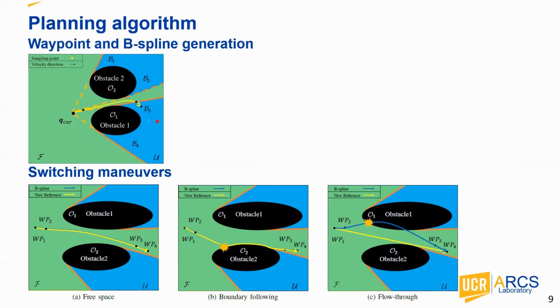First, colliding and following the boundary until an appropriate disengage. It is shown in panel B at the bottom row of figures. Second, a flow-through strategy, which essentially recomputes the desired trajectory for the robot after collision, as shown in panel C at the bottom row of figures.